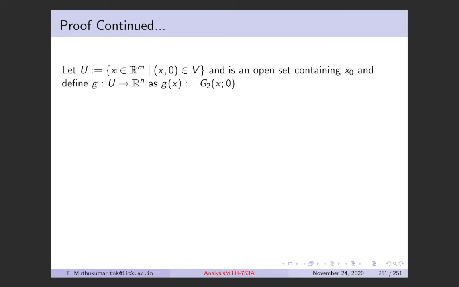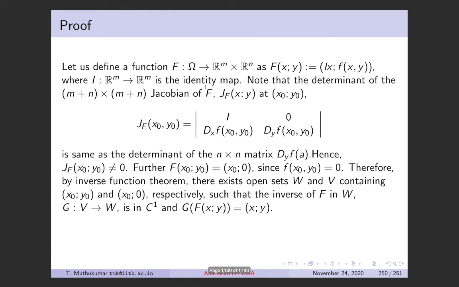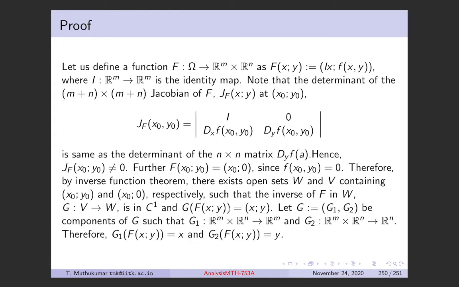So U is just the set of all x in Rm such that (x, 0) is in V, because V is a subset of Rm cross Rn, right? So I've just projected it to the Rm copy here, and that will be an open set which will contain x0. You define g from this U to Rn as G2 of (x, 0), the second component of the capital G that we had here, right?